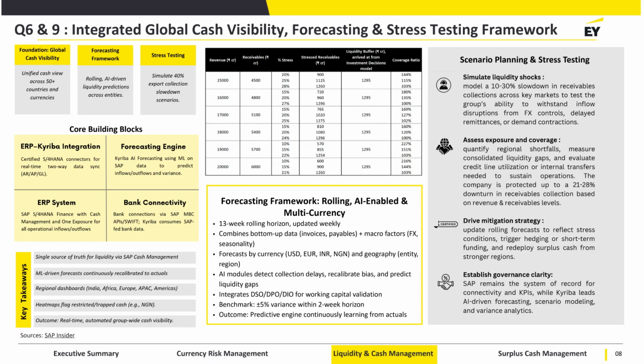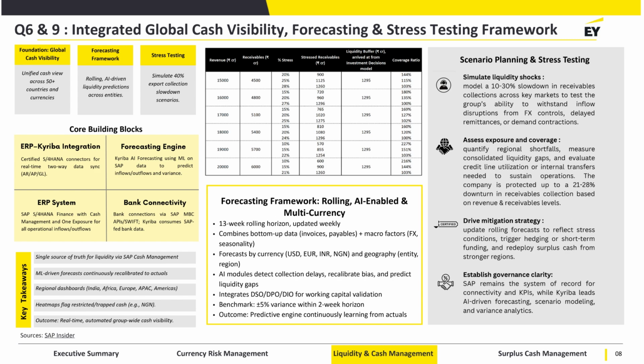Our forecasting engine is an extension of a treasury management system using Kyriba AI, which specializes in forecasting the days payables outstanding, the days sales outstanding, and days of inventory on hand, which allows us to forecast the cash conversion cycles in various geographies and for various subsidiaries. In addition to this, we are connected with a centralized bank which helps us plan the entire process out.